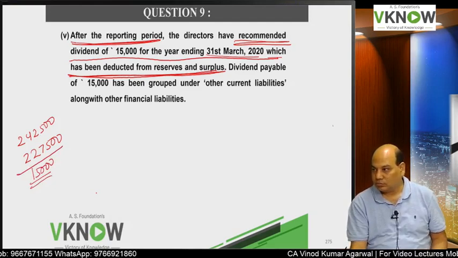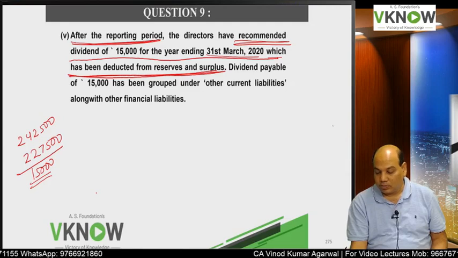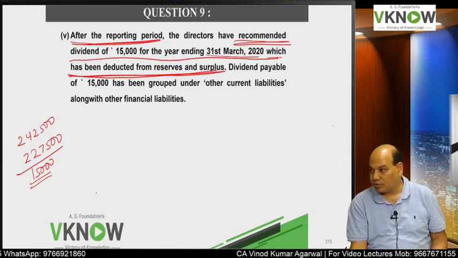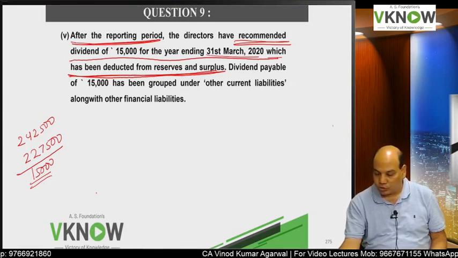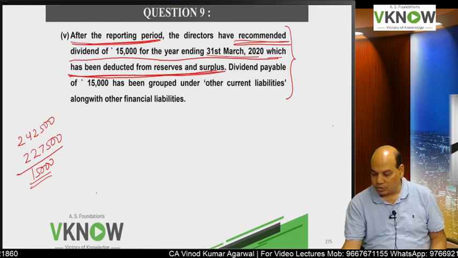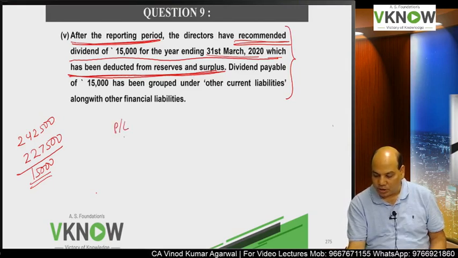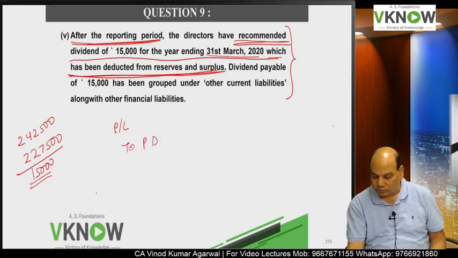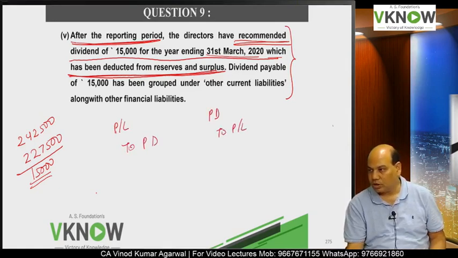And that is because they have provided for proposed dividend. Should we provide for proposed dividend? No. So we will have to reverse this entry. The original entry they have passed is P&L account to proposed dividend. The reversal will be proposed dividend to P&L account.